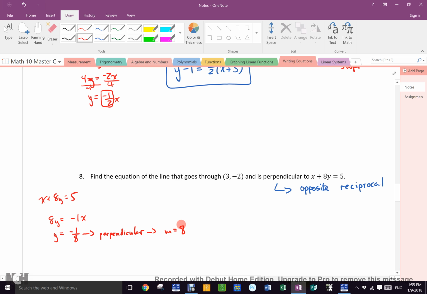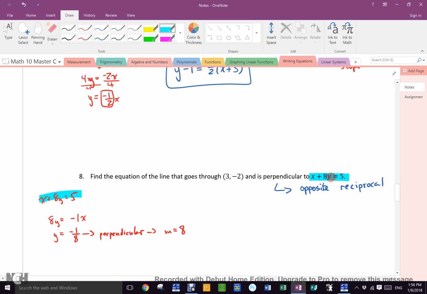Is everyone cool? Were you able to find negative 1/8? No? Okay. Are you aware that in x plus 8y, I move the x over, and I divide by 8 to get that slope? All I'm doing is taking this and putting it in slope-intercept form so I can find this guy's slope.